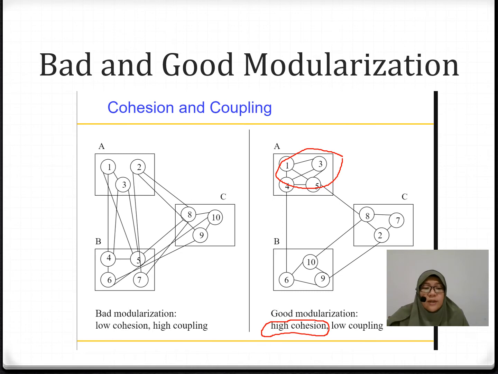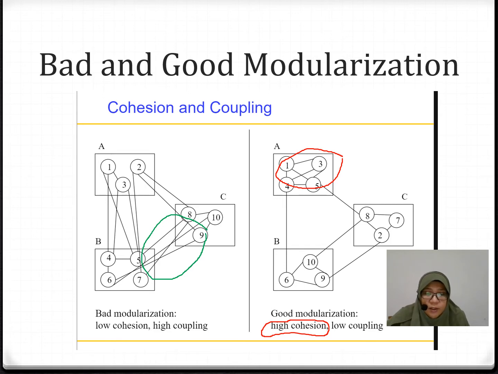So bad modularization is when there's low cohesion and high coupling. Right? So what's low cohesion and high coupling? High coupling means there's so much interaction here, you see. Function 5 can interact with function number 8.